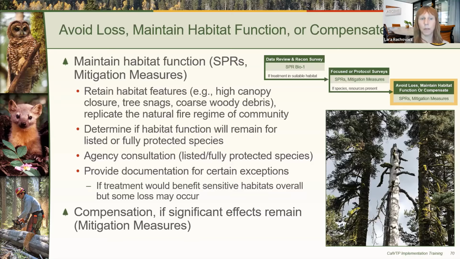For example, mitigation measure Bio 3A and Bio 3B provide a tiered strategy for sensitive natural communities, where mitigation measure Bio 3A requires that treatments in sensitive natural communities are designed and implemented to avoid significant impacts. But the measures also include requirements for compensatory mitigation if the avoidance measures are not feasible and significant impacts on the community would occur. Next slide.